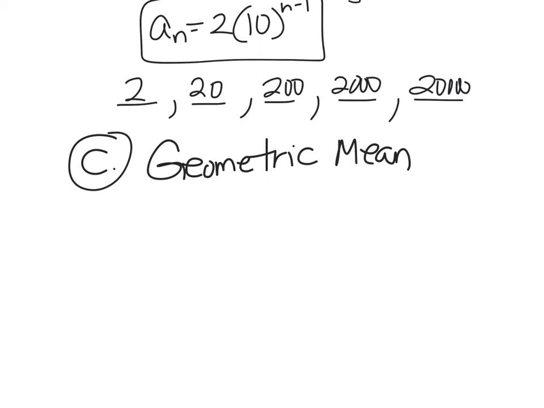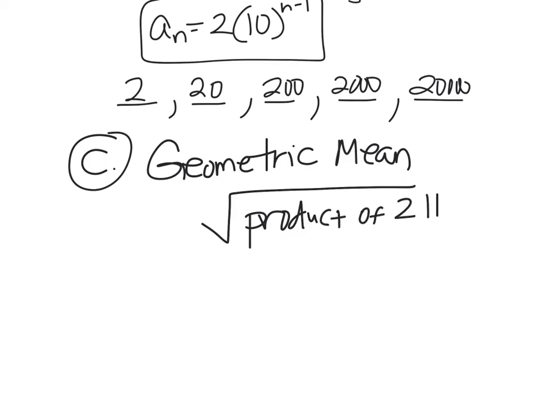All right, the geometric mean is going to be found a totally different way. Arithmetic was you add the numbers, divide by 2. It's their average. The geometric mean is found by taking the square root of the product of the two numbers. Okay? So you're going to multiply the numbers together and then take the square root. That's going to find the middle of a geometric mean.